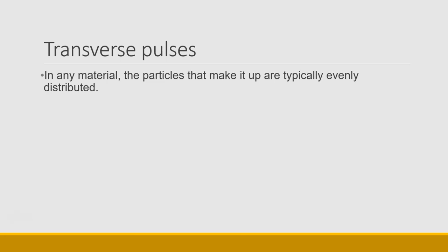In any material, the particles that make it up are typically evenly distributed. So we know that in solids, the particles are in an organized pattern vibrating in their position. So obviously those particles are evenly distributed. In liquids and gases, the particles are also more or less evenly distributed due to the process of diffusion.